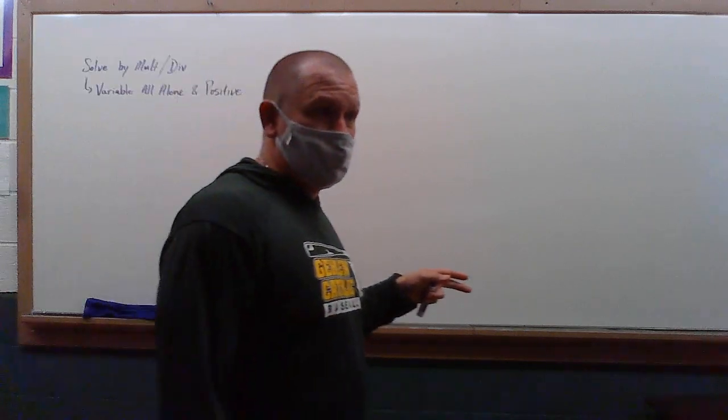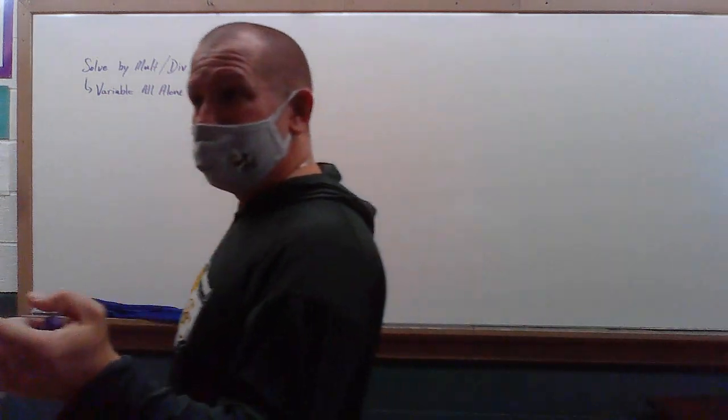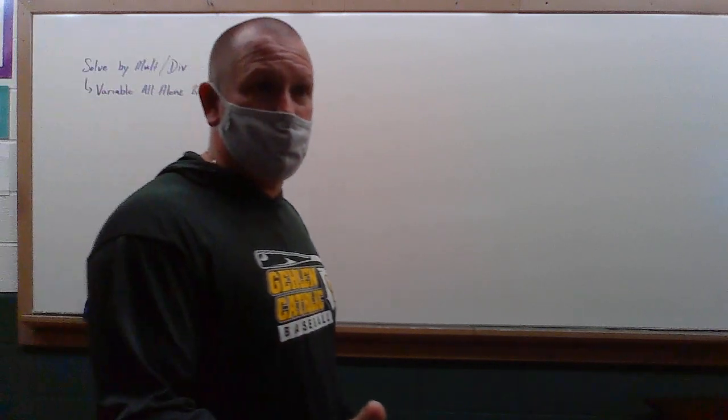So if we have two negatives or two positives, my answer is what? Positive, right? If my signs are different, one positive, one negative, it's always negative. Doesn't matter which one comes first, or which one's bigger or smaller. Then what's the opposite operation of multiplication? Division, right?